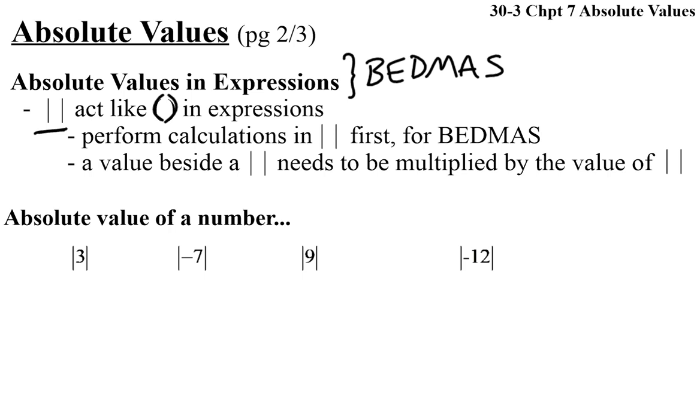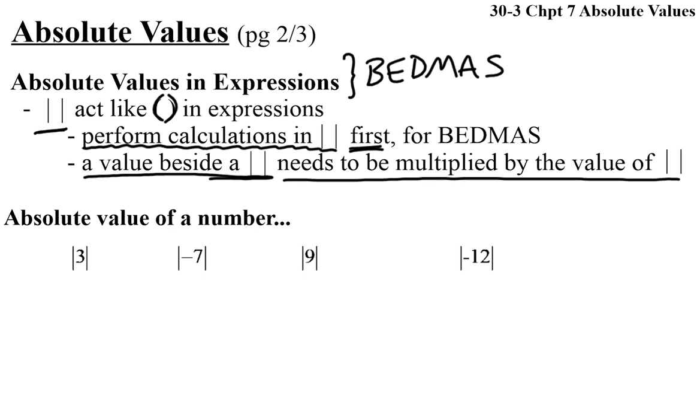They tell us to perform the calculation inside first. So we're always going to calculate inside the absolute first. It also tells us that a value beside the absolute brackets needs to be multiplied by that value. Those are the two key things about absolute value signs when we're calculating.